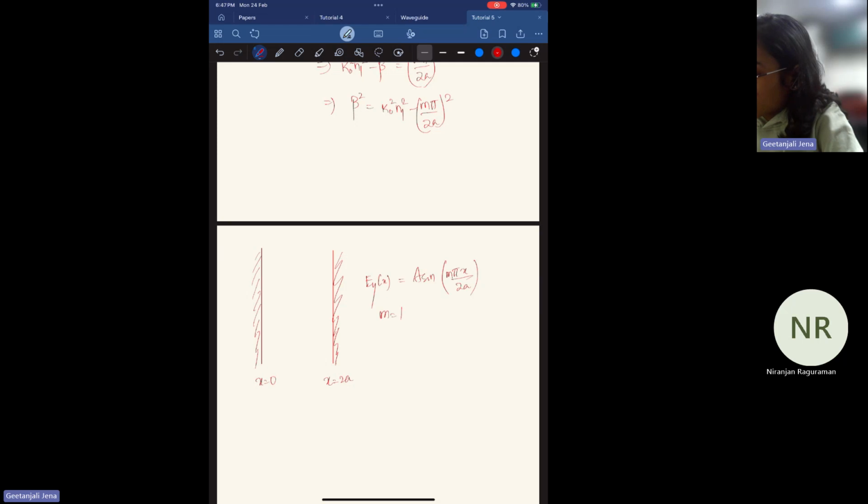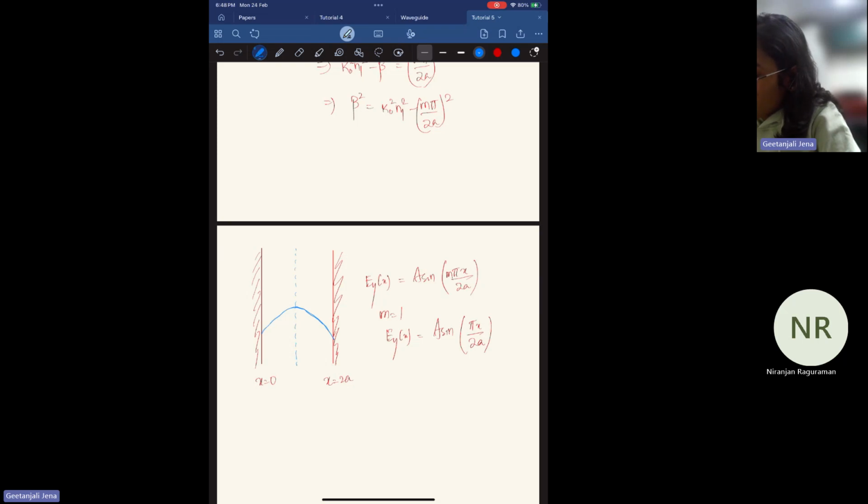When m is 1, E_y(x) is a sine of pi x by 2a. That means at x equal to a, the middle, if you put it in, the value of this field will be a, right? So the field is maximum at the center and it is 0 at the boundary. It is nothing but an even mode, right?